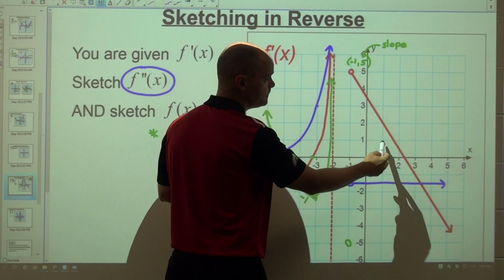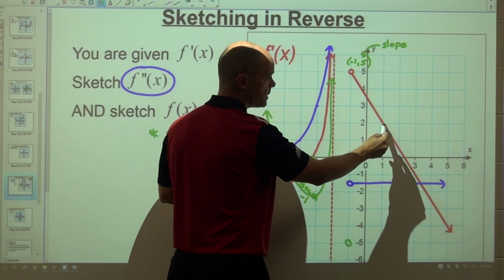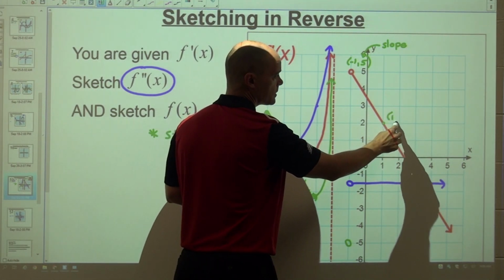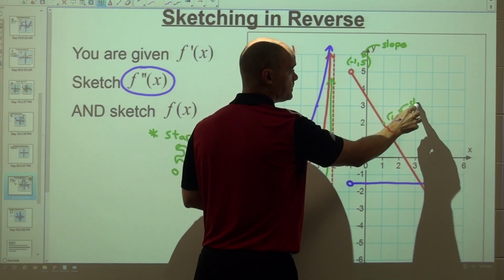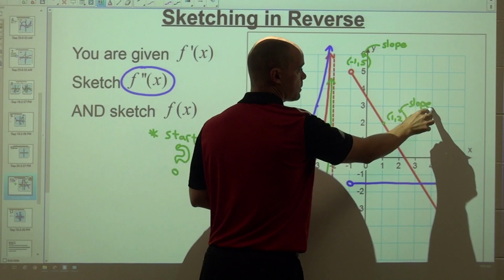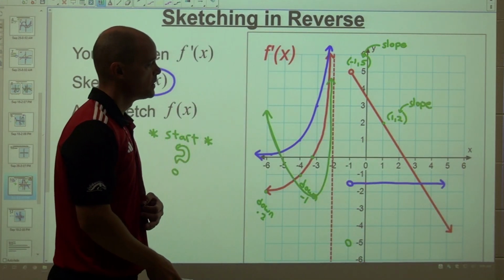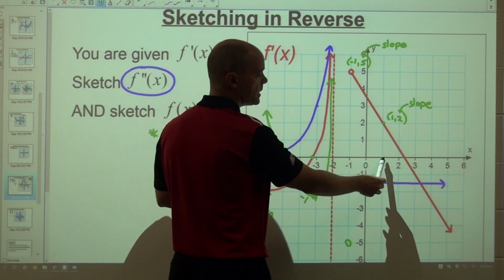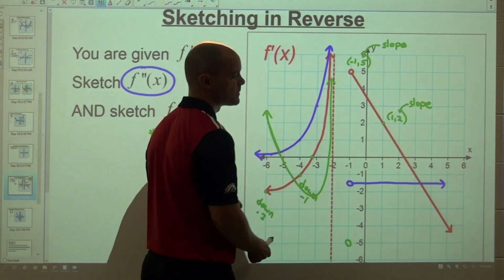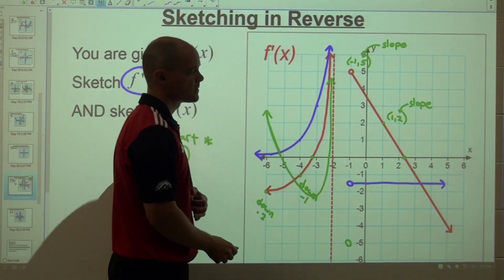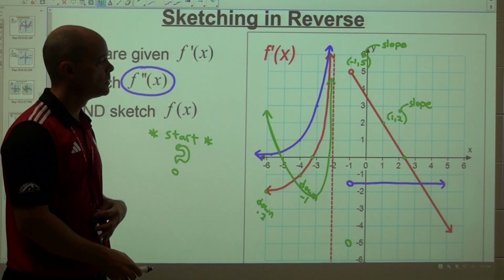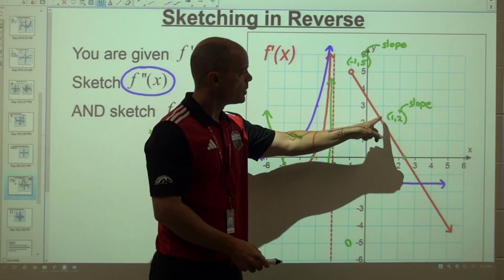Maybe here at 1, this point right here is the coordinate 1, comma 2. And this is supposed to be my slope. When you are working backwards, you are looking at slopes. So my pencil's still moving up at this point, just not as fast. And then what massively important characteristic is happening a little bit after 2? The slope is no longer positive.